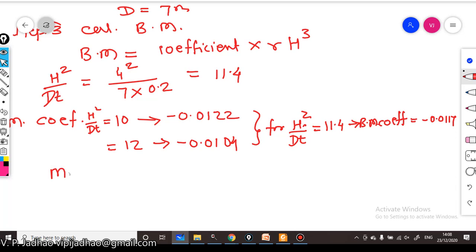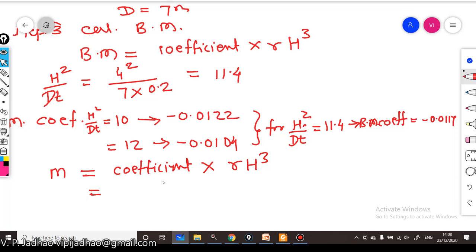We have the bending moment formula for calculation of bending moment. M is equal to coefficient multiplied by gamma h cube.